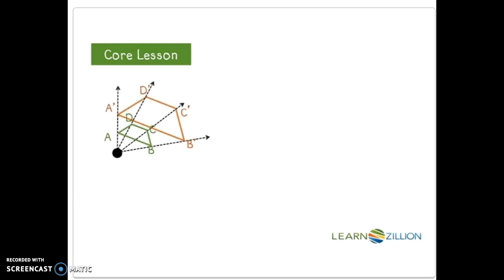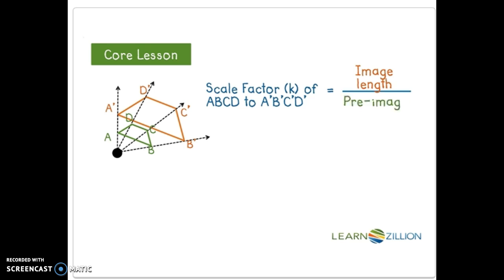Another way to calculate the scale factor of a dilation is to find the ratio of the corresponding sides of the image and pre-image. We will call this ratio K. So the scale factor K of ABCD to A prime, B prime, C prime, D prime is equal to the image length divided by the pre-image length.